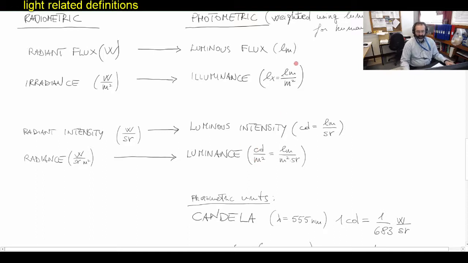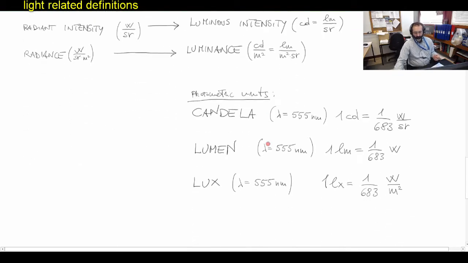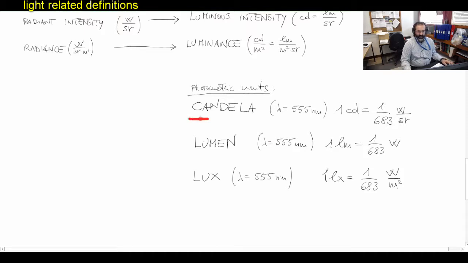So as you can see here, for the photometric quantities, we are using new special units, which is the lumen, the lux, and the candela, which are defined down here. The candela is actually a unit defined in the international system, as weird as it can sound, and it is defined at lambda equal 555 nanometers, because this is where the luminous function that I told you represents the response of the human eye is equal to 1.